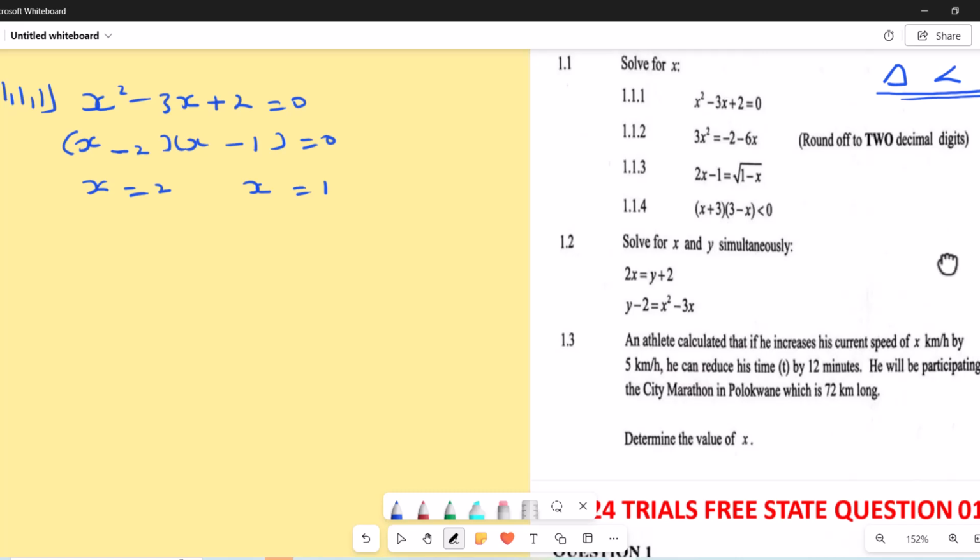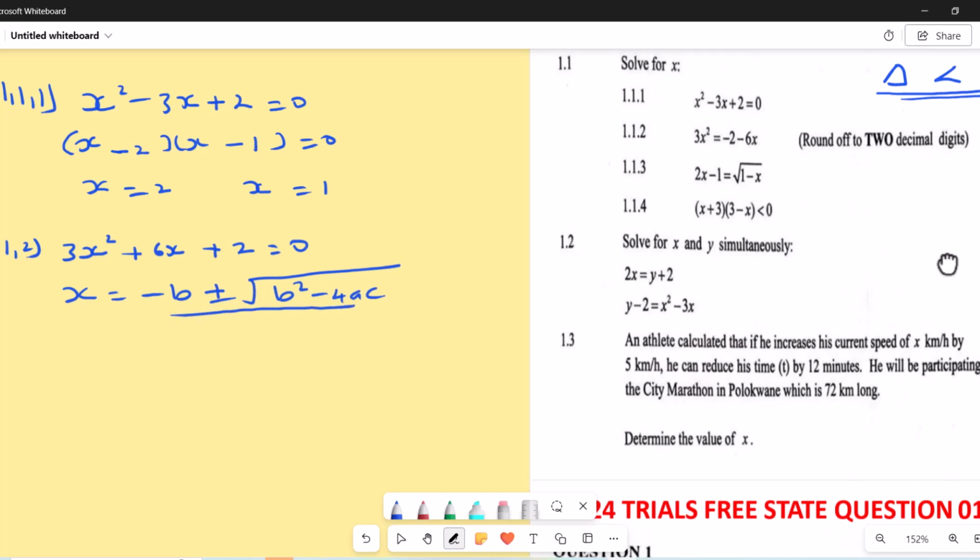So in this case, 1.1.2, we are going to have 3x squared, and then the negative 6x becomes positive, so plus 6x, and then plus 2 equals 0. Now our a is 3, our b is 6, and our c is positive 2, so we're going to use x equals negative b plus or minus the square root of b squared minus 4ac, divided by 2a. Let's get our calculator.